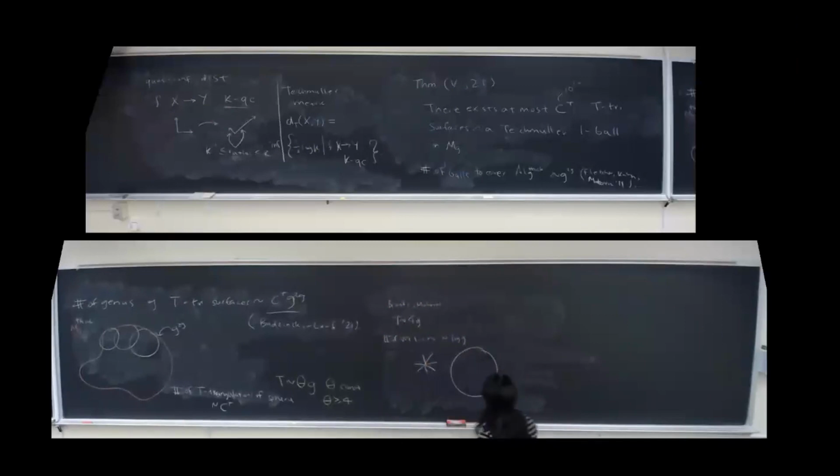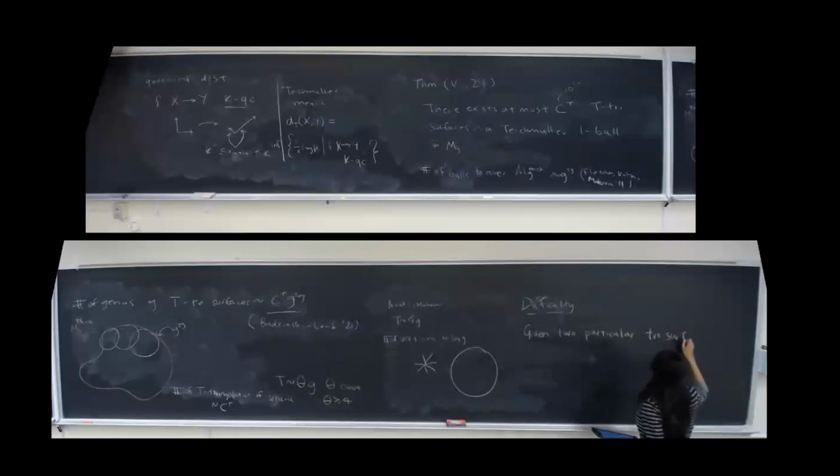Okay, so let me explain the difficulty in question 3, which I raised, about how triangulated surfaces are distributed in moduli space. Given two particular triangulated surfaces, suppose you want to answer the question: are they close in moduli space?